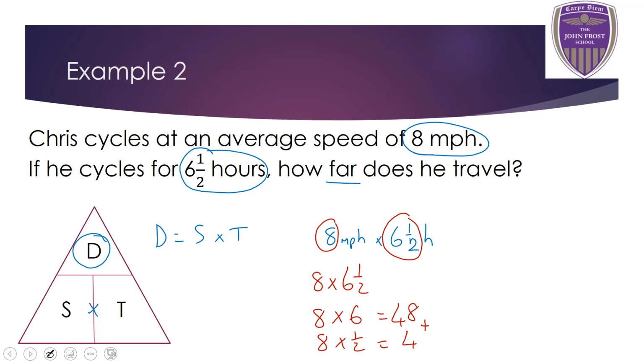So we get 48 plus 4, which is 52. So in this case, 8 times 6.5 is 52, and we want to know what the units are. How far? Well, it's in miles per hour, so he would travel 52 miles.